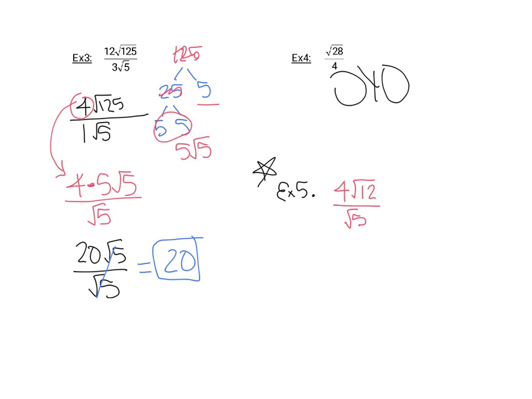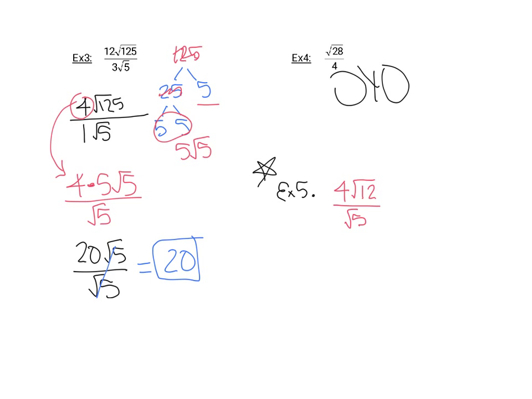So first, we would normally simplify the numbers outside of the radical, but we don't have one on the bottom, so that's a check mark. So next, we would look to see if we could actually divide 12 divided by 5 into each other. And no, not really. Not going to be a perfect number, so we're not going to do that.